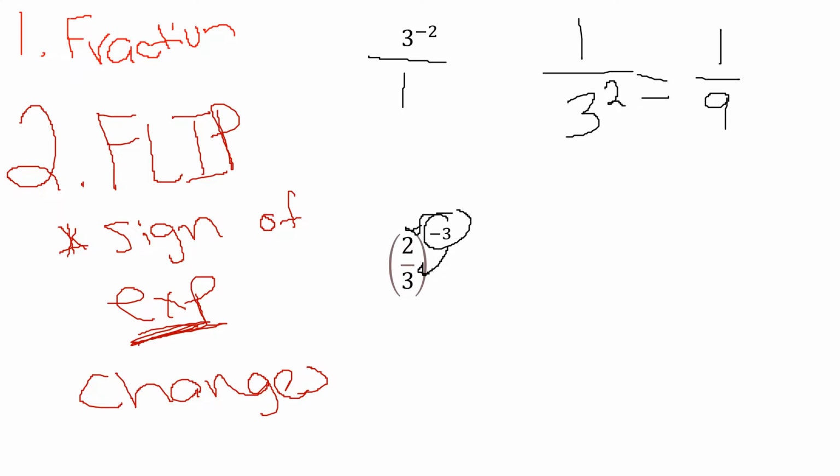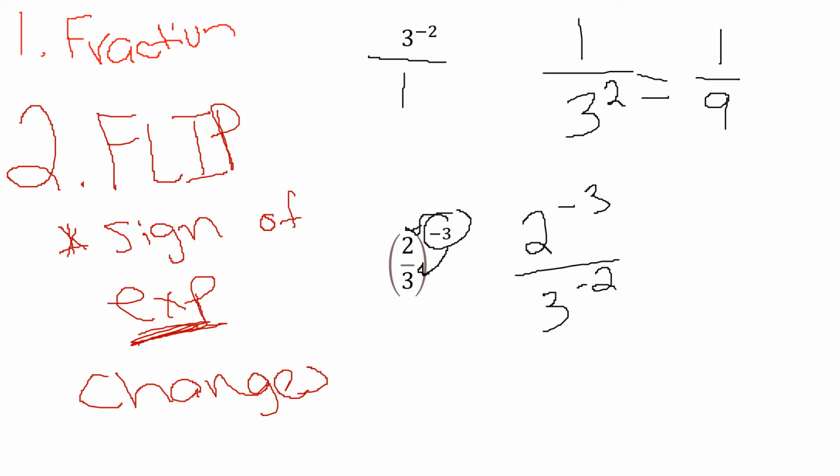So what this becomes is 2 to the negative 3, 3 to the negative 3. Because there's a fraction inside of the parentheses and outside of the parentheses is an exponent, that exponent affects everything inside because the parentheses have stuck it together.